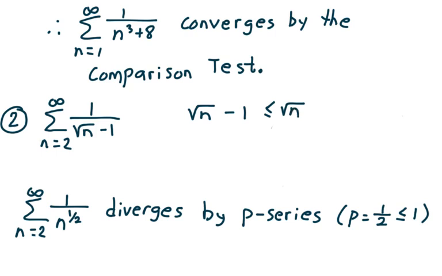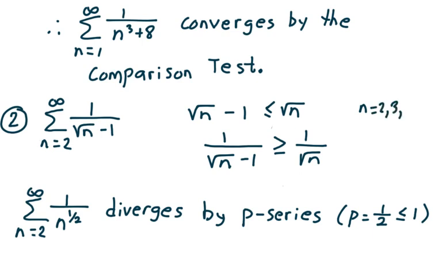Notice how I made the denominator bigger. So 1 over the square root of n minus 1 is greater than or equal to 1 over the square root of n. And this is for n equal to 2, 3, 4, etc.